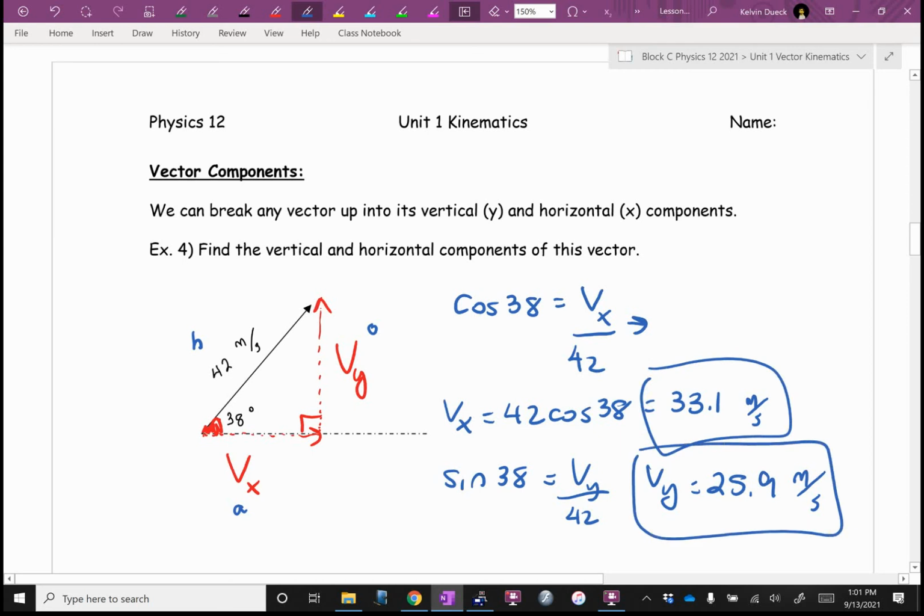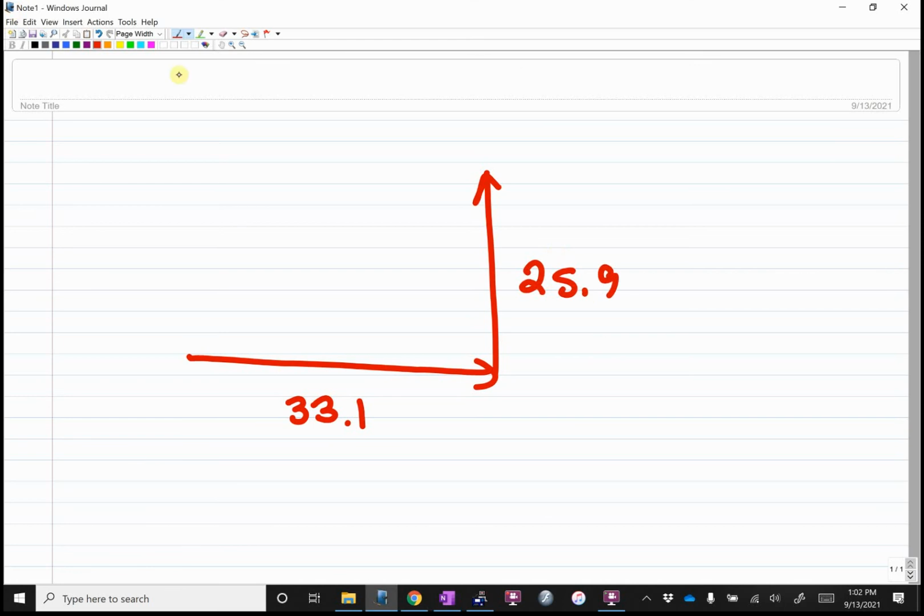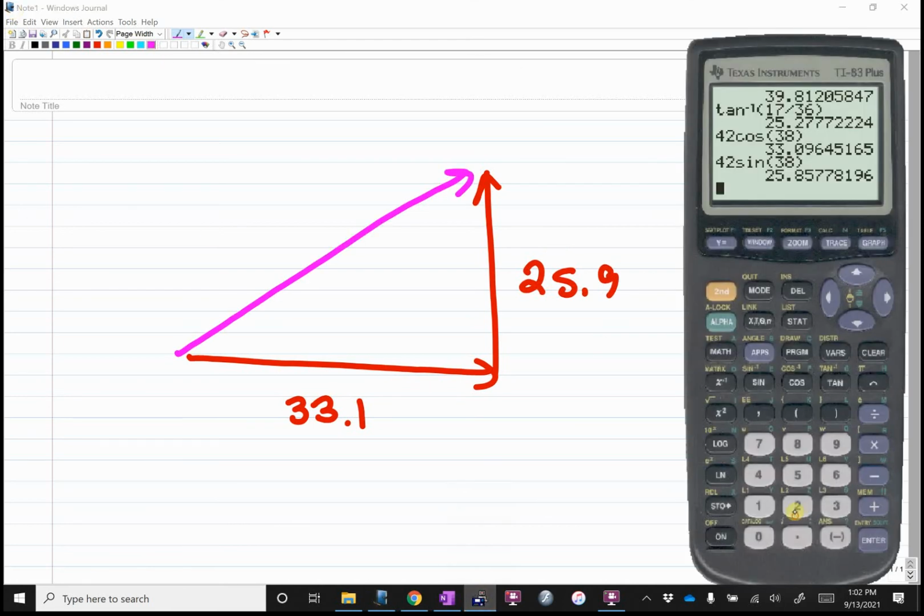Here's what we're saying then. If I added 33.1 to, what was it, 25.9? This resultant should be 42. 25.9 squared plus 33.1 squared, square root.